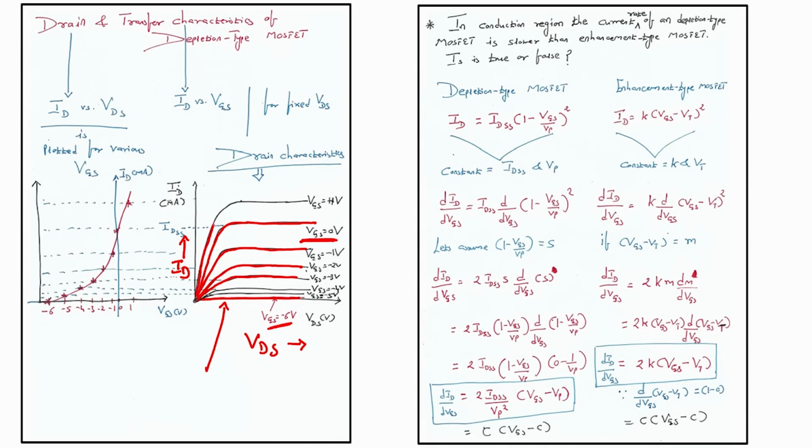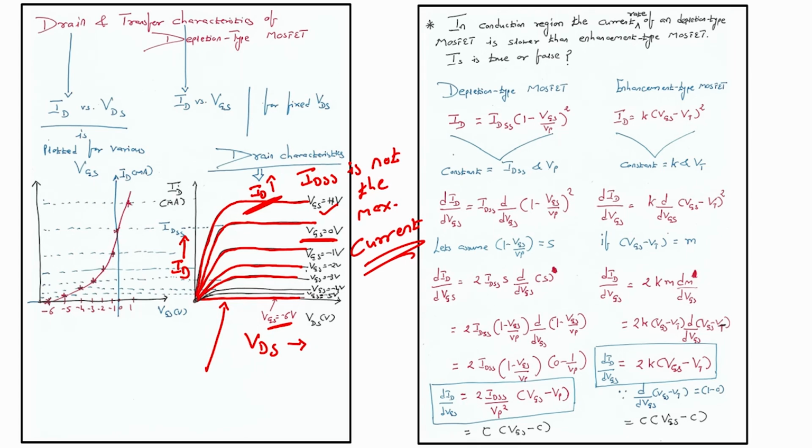Like we discussed, we can see the current still increasing, the ID is still increasing. That means my IDSS is not the maximum current, because if I increase my VGS greater than 0 volt, I can still see the current ID increasing.